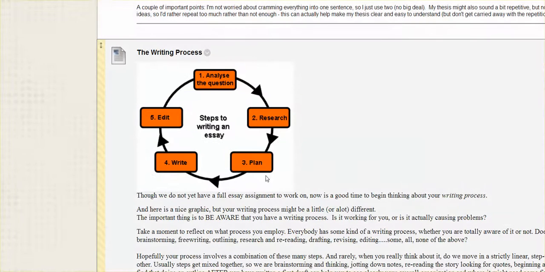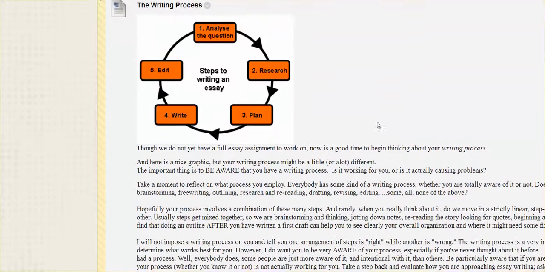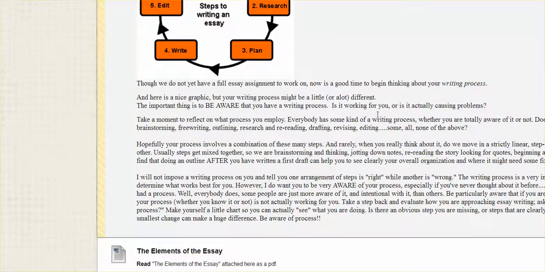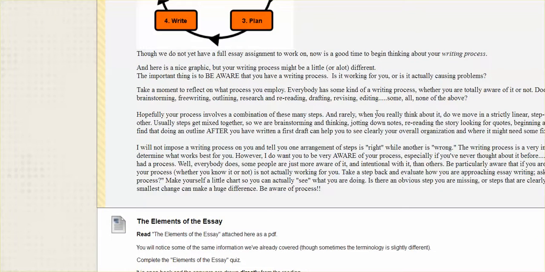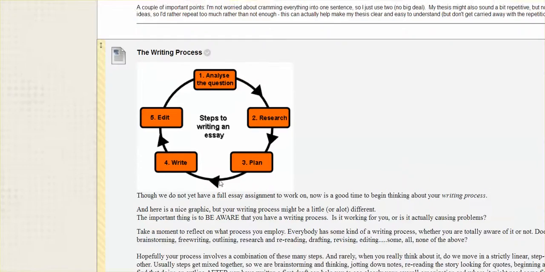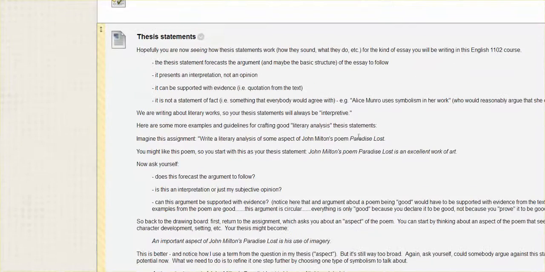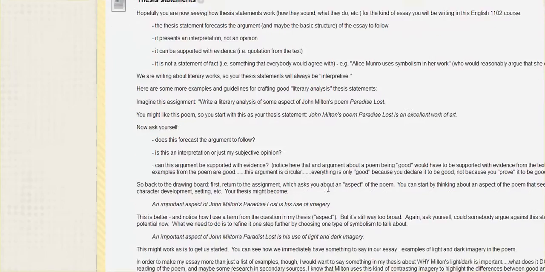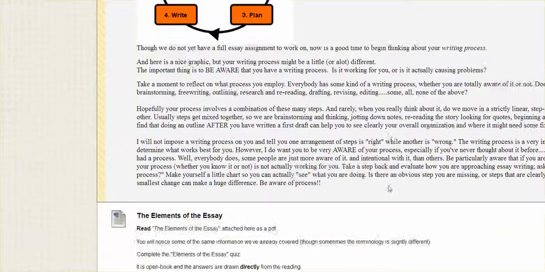The writing process, again, not something I'm going to spend a ton of time on here, but really just stuff to look at, work through, think about, reflect on, and then make sure that when it comes to assessment time, whether it's paragraph, discussion board, essay, whatever, you are showing evidence that you have put into place a writing process, and that you have an effective thesis based on what we've learned in our class here.